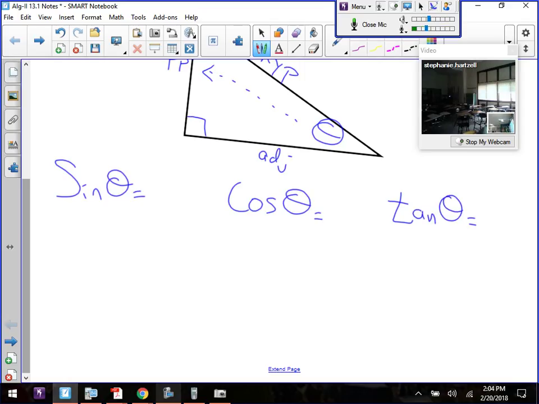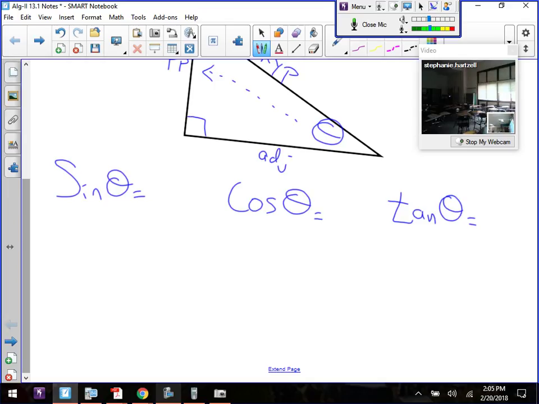These were the three trigonometric ratios that you learned. Last year we talked about only these three, and basically it meant that any angle will always have this ratio of the sides, depending upon their opposites, adjacents, and hypotenuse, of what value you're at.